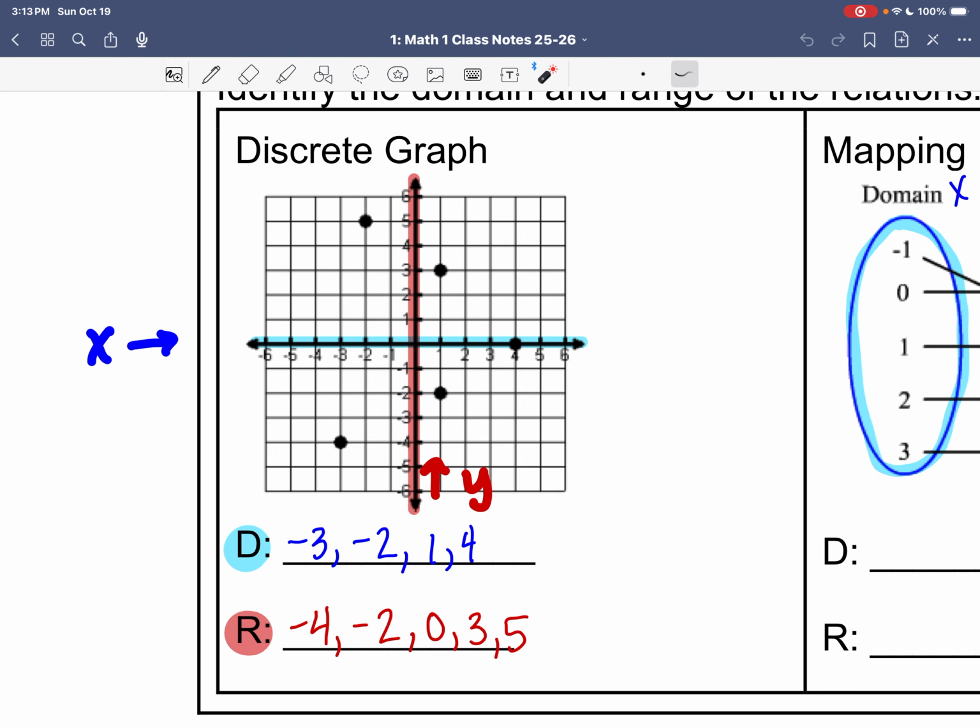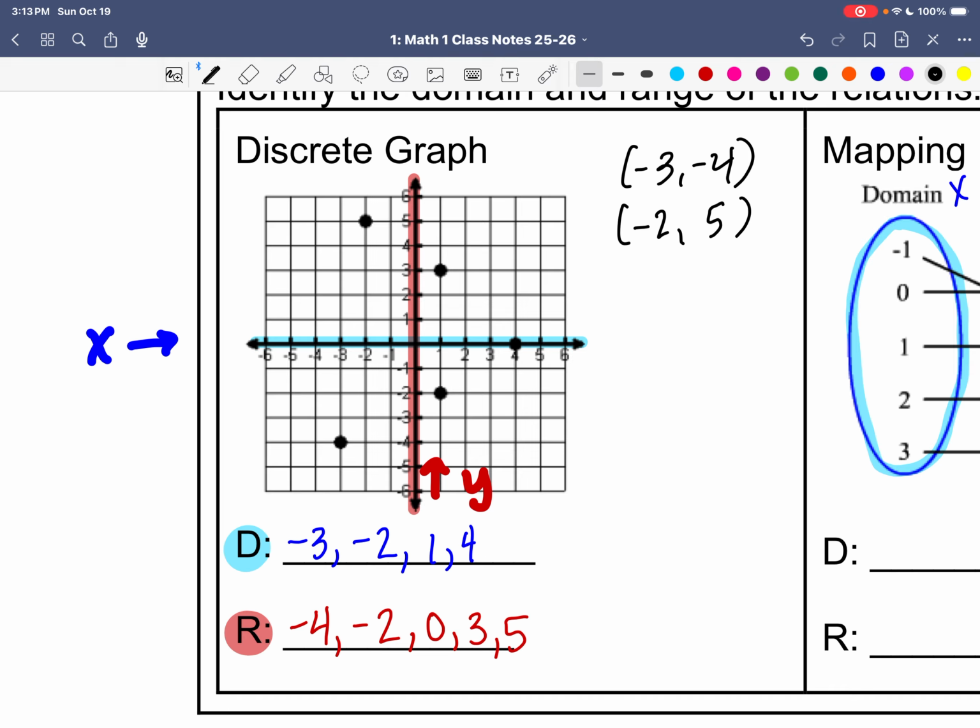Or what you could do is just make ordered pairs out of all your points, and then from there list it. So you could go -3, -4, and then just go through, and then you would go -2, 5.